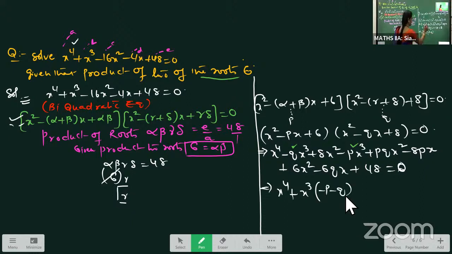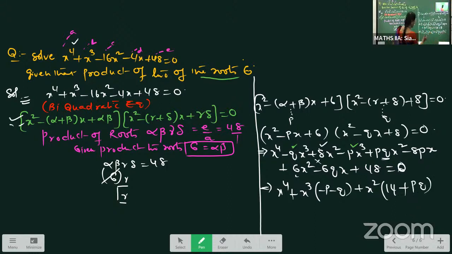Next, the x square coefficient we should go for. See, 8x square is here and 6x square is here. If you add both of them, 8 plus 6 is 14x square. Then x square common, it will become 14 plus one more term, this is pq.